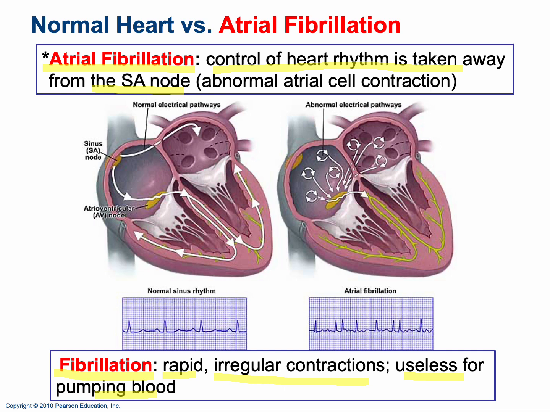So AFib can be controlled. Most people can live a fairly normal life. Definitely they can't do anything excessively stressful exercise-wise, but they can live fairly normal lives for a period of time. Of course, this can be a risk factor for developing congestive heart failure when you get older.